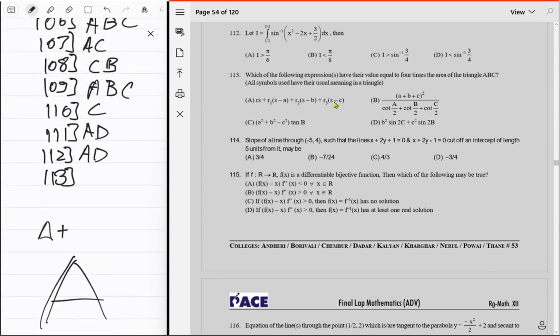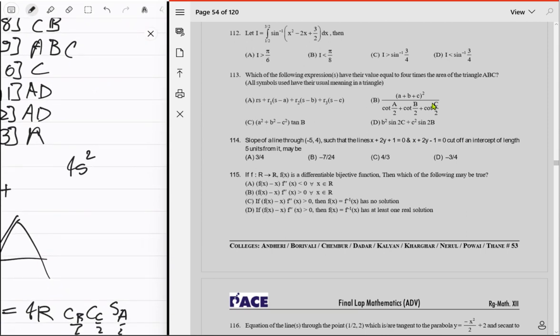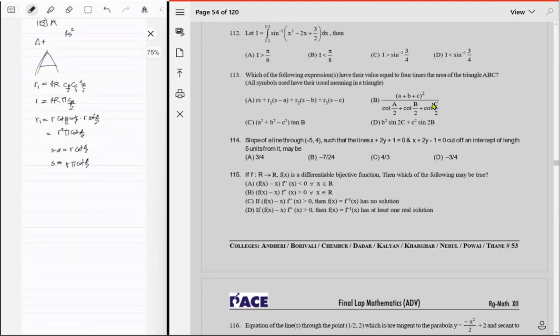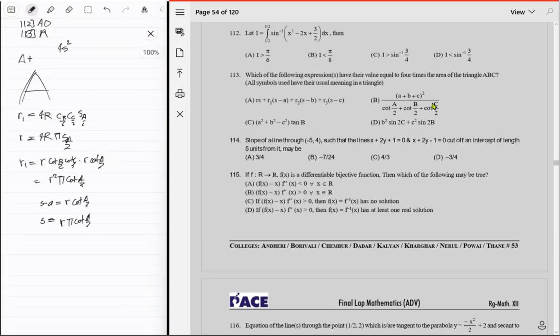Okay, so उत्तर का A correct है in fact. और क्या है? A plus B plus C का square upon, okay, it's like this thing, 4S square नीचे cot, right? 4S square upon that for sure. क्या कहता है अभी भी?